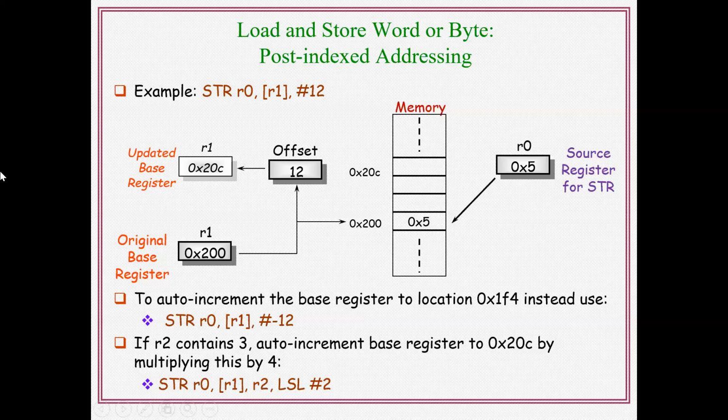Here the content of R2 is multiplied by 2 power 2, which is 4, then automatically that will give 3 into 4. Well, this is one way of multiplication operation, one way of adding an offset. This is called post-indexed addressing.